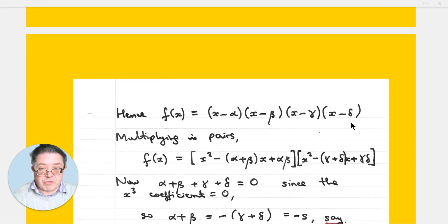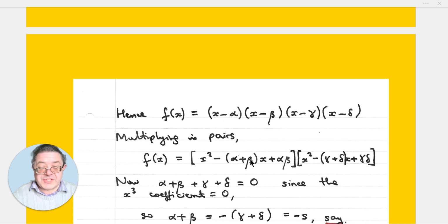Since we're looking for 2 quadratics, we multiply the first 2 of these to get x squared, subtract alpha plus beta x, add alpha beta, and for the other one, x squared take gamma plus delta x plus gamma delta. We need to explain why the coefficients of x are negatives of each other.